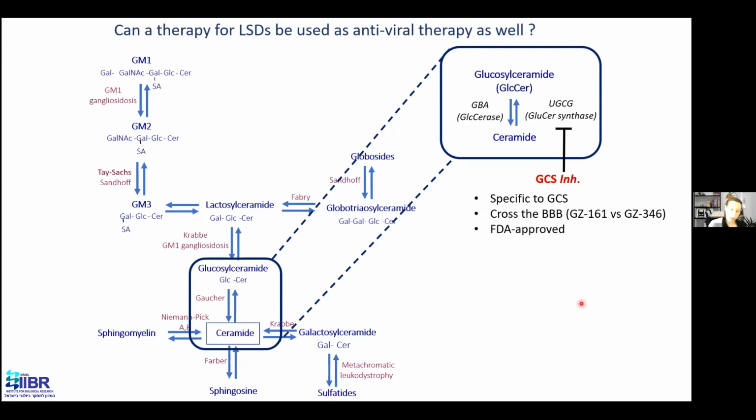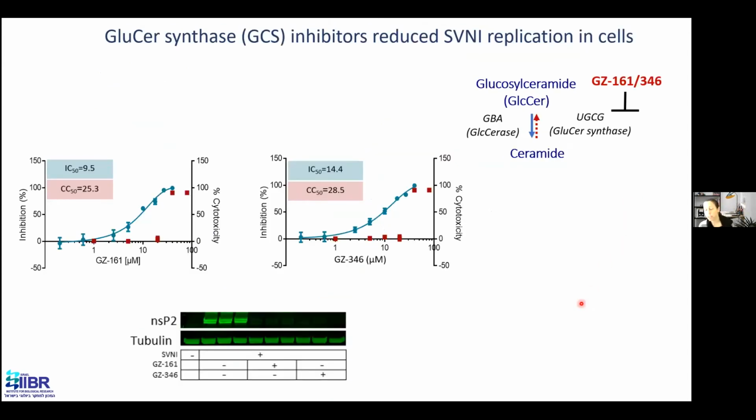So we took this inhibitor, and first we tested in vitro on Vero cells, the same cells where we saw the decrease in sphinganine and sphingosine, and tested whether it inhibits the replication of the virus. As you can see, both GZ161 and 346 inhibit the virus replication; this is percent of inhibition. This is nonstructural protein 2, one of the earliest proteins, the most early protein that is translated upon viral infection.